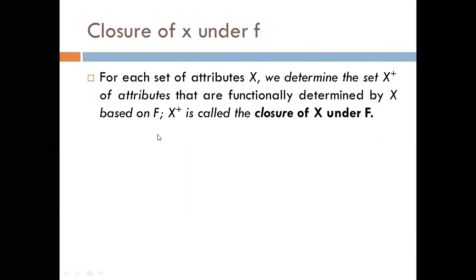Closure of x under f. For each set of attributes x, we determine the set x plus of attributes that are functionally determined by x, based on the functional dependency set f. Then x plus is called the closure of x under f. This is for calculating the closure of an attribute.